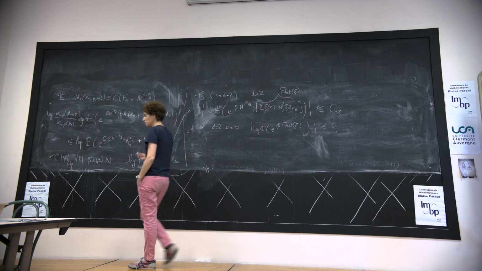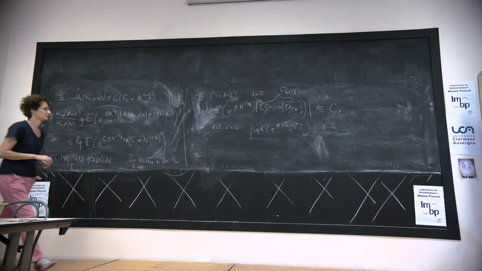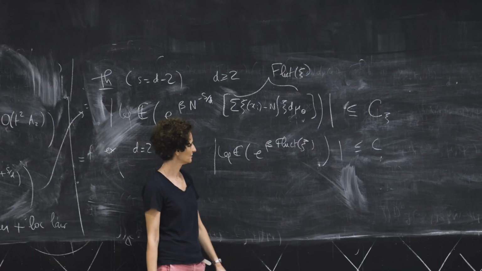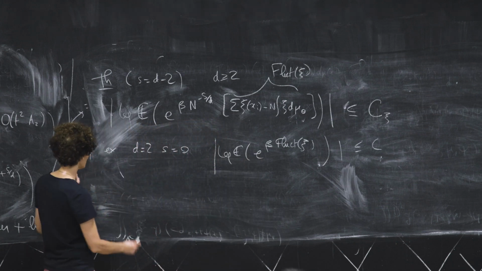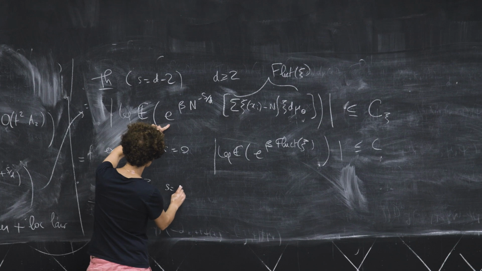So this is not something we knew before. Before I told you we can bound it by square root n. But now it tells you it's essentially bounded by 1, with a constant depending on xi.